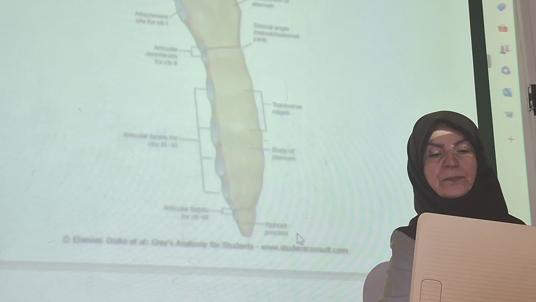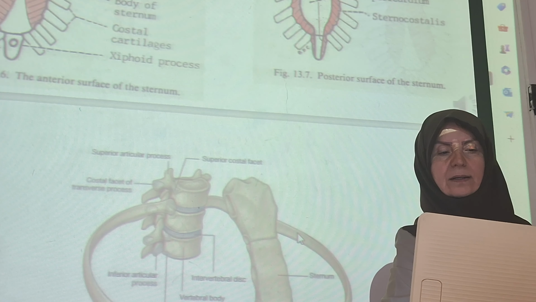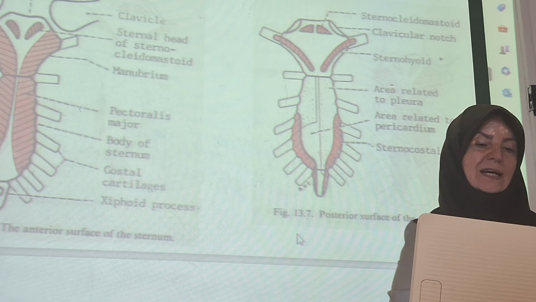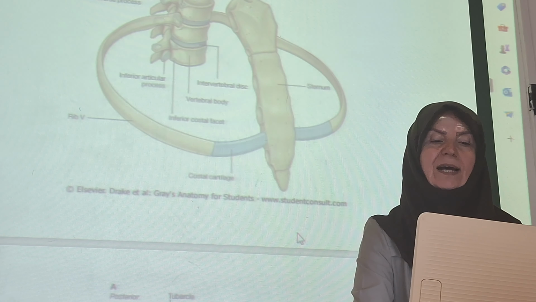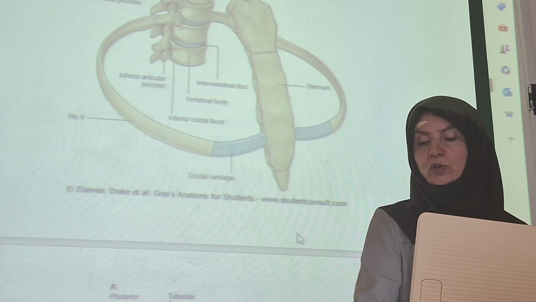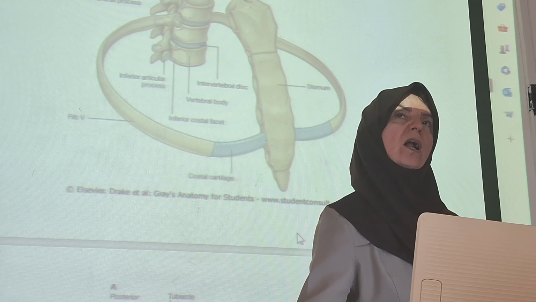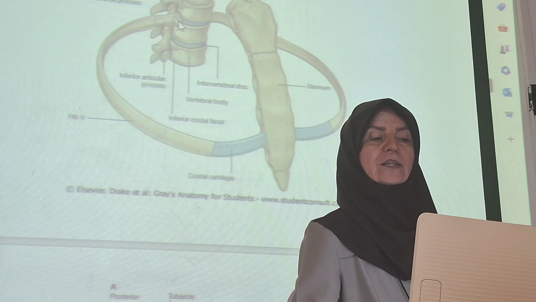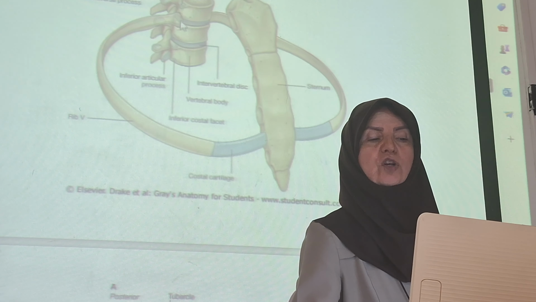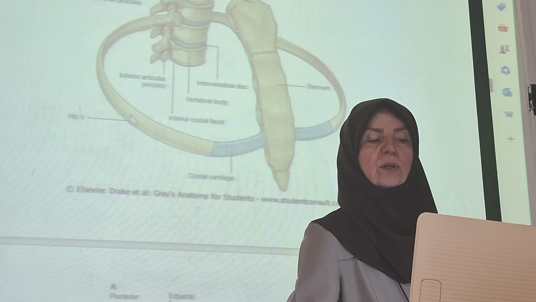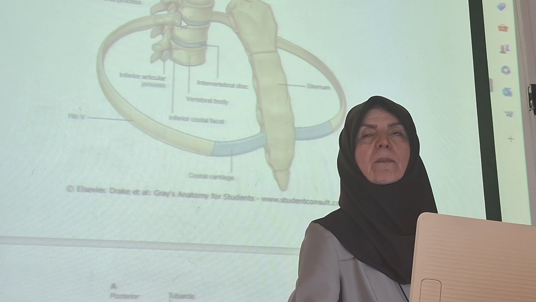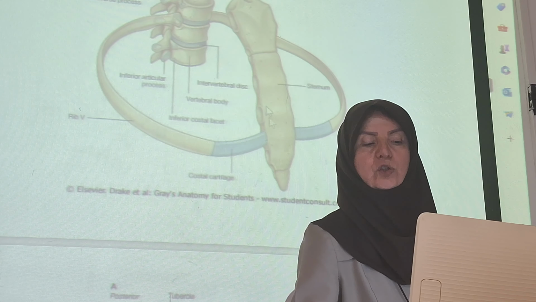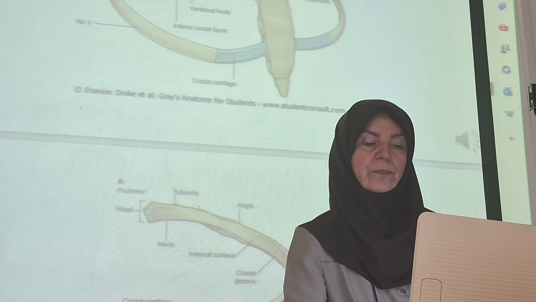This picture is going to show you the attachment of the muscle to the sternum. Now look at here. It is going to show you one of the typical ribs. Posteriorly, it is going to make a joint with two bodies of the adjacent vertebrae, and anteriorly the position is inferior compared to the posterior, and the costal cartilage is going to make a joint with the sternum.